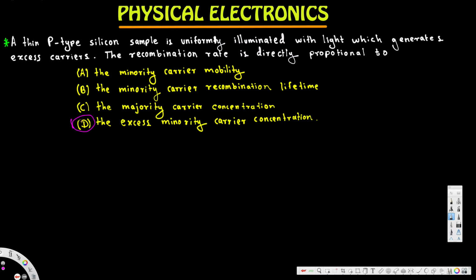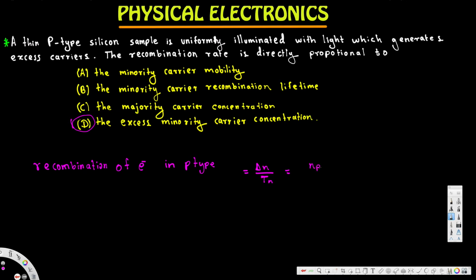Now let's see why. Let's take an example of p-type. In p-type, the majority carriers are holes and the minority carriers are electrons, and the recombination of electrons in p-type is given by delta n over tau n. Tau n is the lifetime of the electrons, and delta n is the minority carrier concentration minus its thermal equilibrium value.